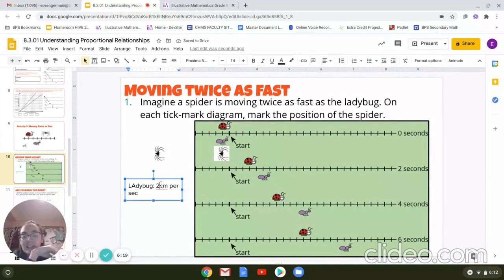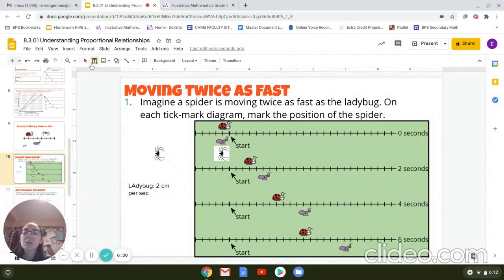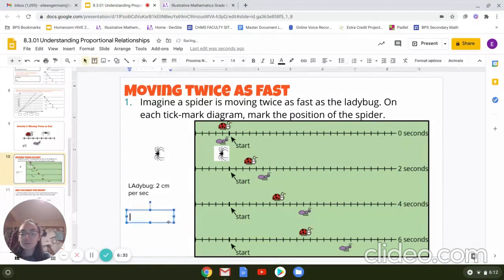So it tells me now this new insect is going to be moving twice as fast. So the new insect, or the spider, so I'm going to throw in this new guy here, the spider, will be moving at 4, because if it's double, what do we have to do when we double a number?